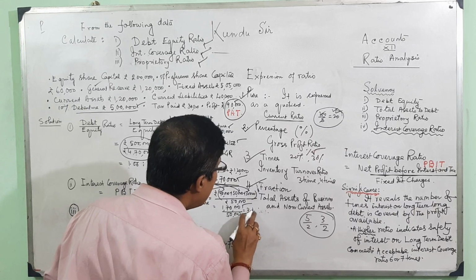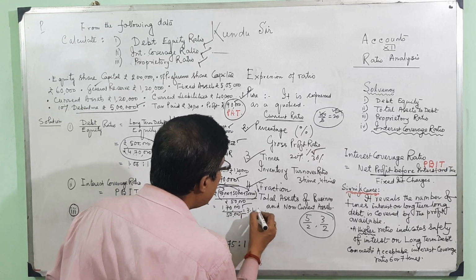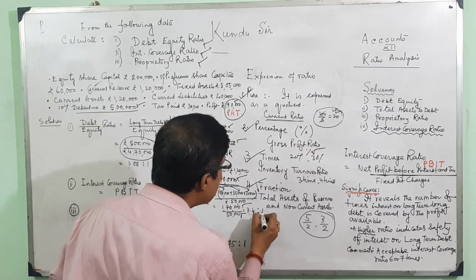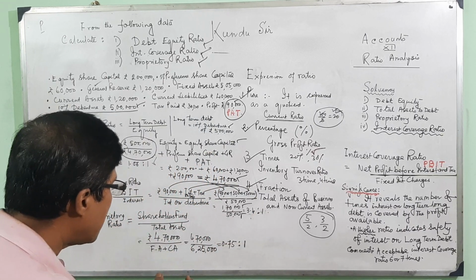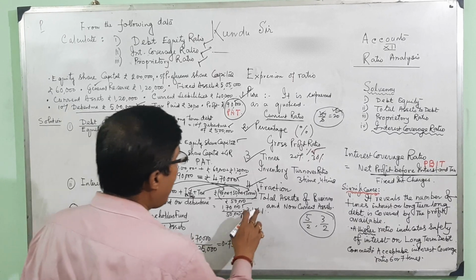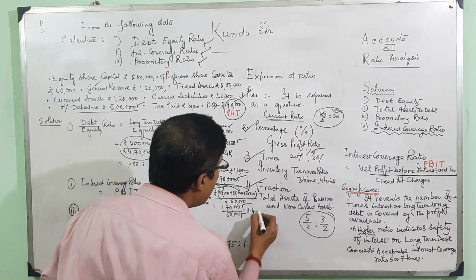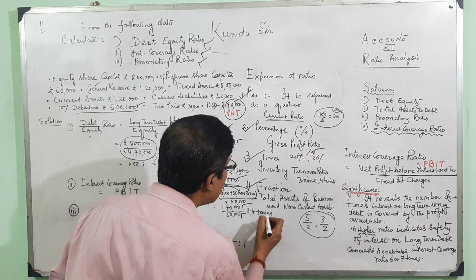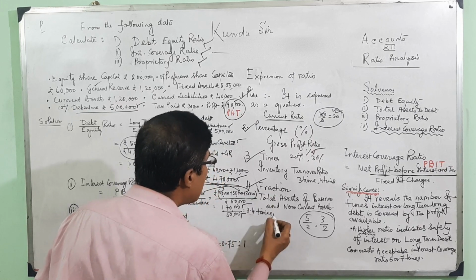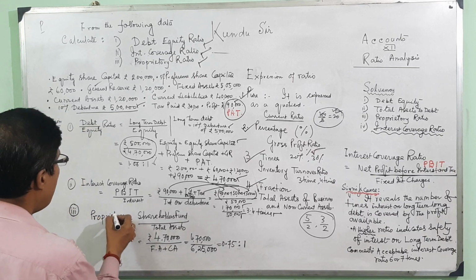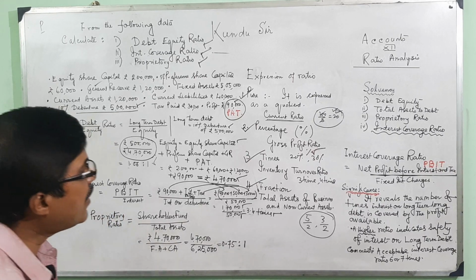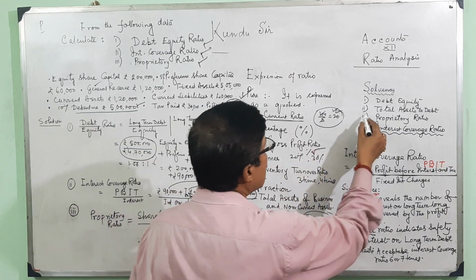You can write the interest coverage ratio as 3.4 times, there is no problem.